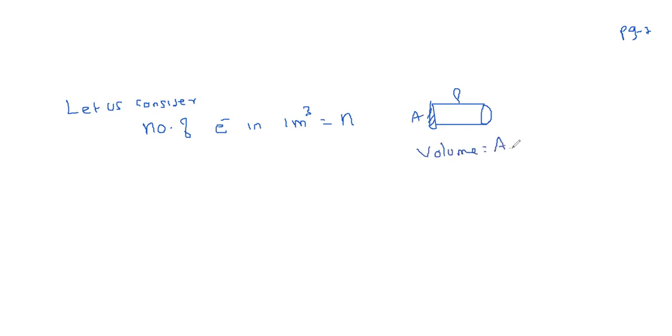Volume is equal to A into L. So 1 meter cube has n electrons. So 2 meter cube has 2n electrons. 3 meter cube has 3n electrons. So the number of electrons in AL meter cube is nAL. So I am taking nAL equal to capital N.